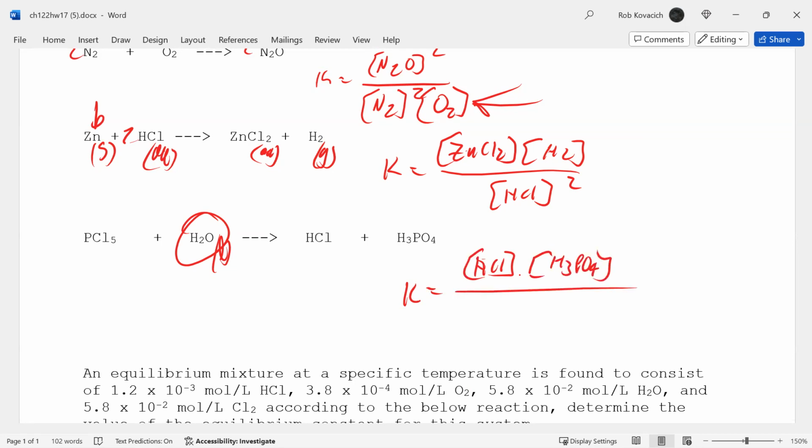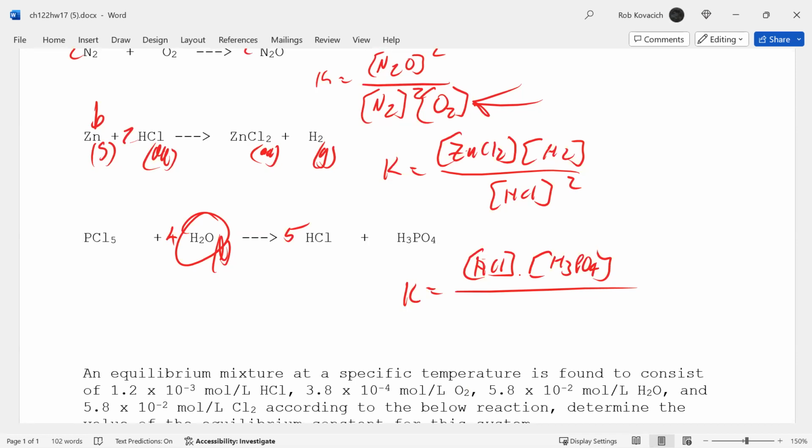Oh wait, did I balance this? I don't think I balanced this. We'll obviously need a 5 there. A 4 there. 8, 8. No, wait, let's see. Yeah, no, that's right.